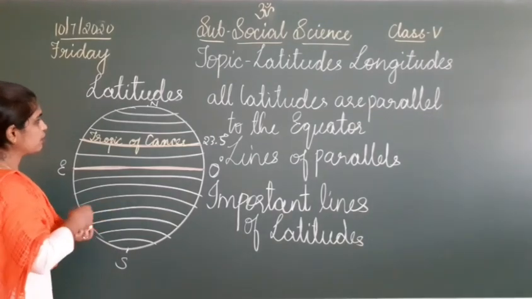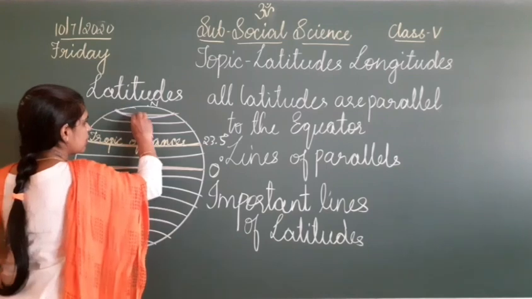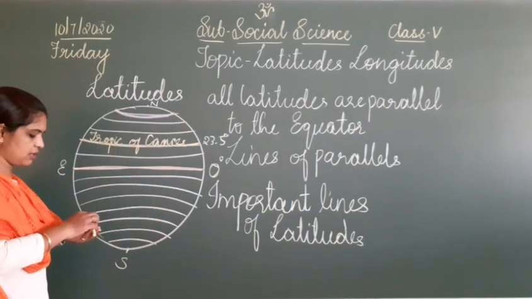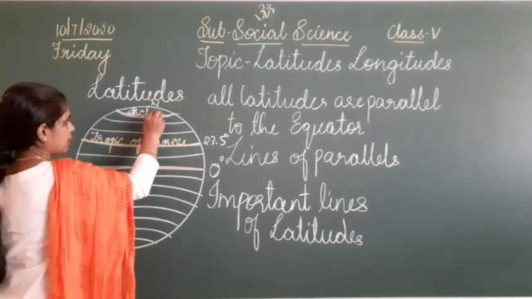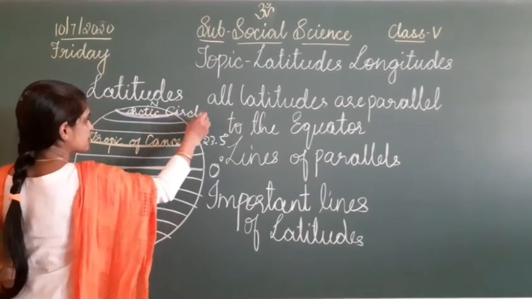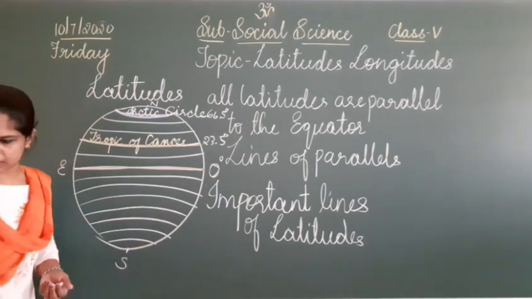After that, we have the Arctic Circle, and that is of 66.5 degrees.